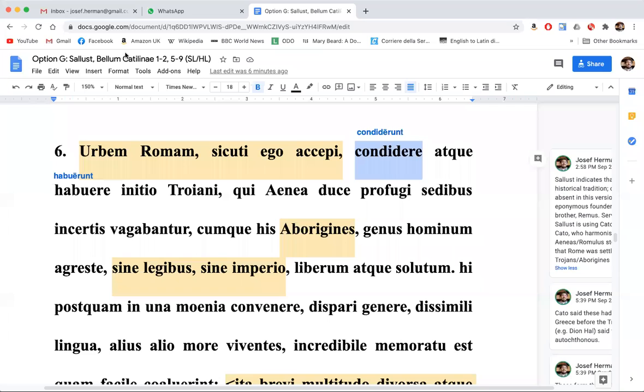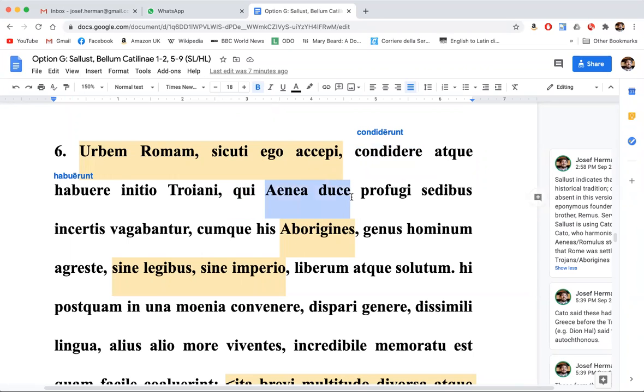Okay. And then we have this word qui. Now, qui is clearly referring to the Trojans. In my translation, I had to repeat the word Trojans because it's harder in English to leave the subject till the end as you can in Latin. So Trojans who?